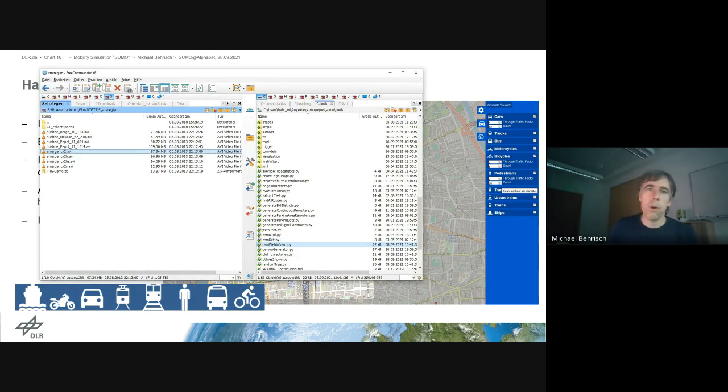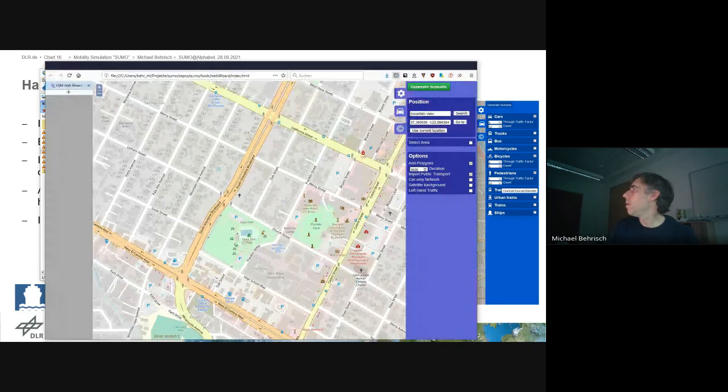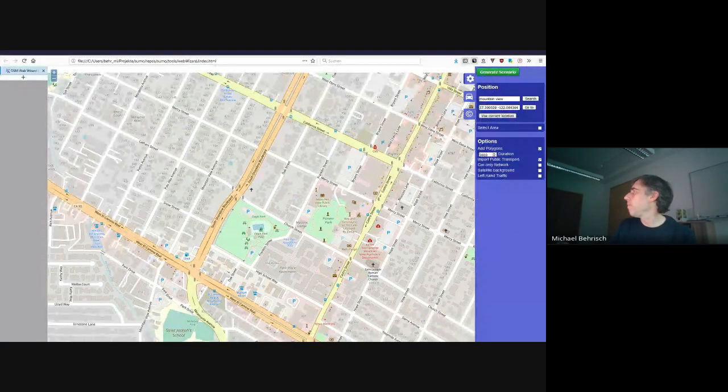This is for most people the starting point when they use SUMO, because if you double click this one, you end up with a view like this.